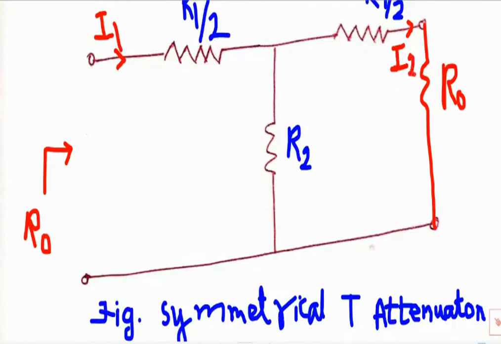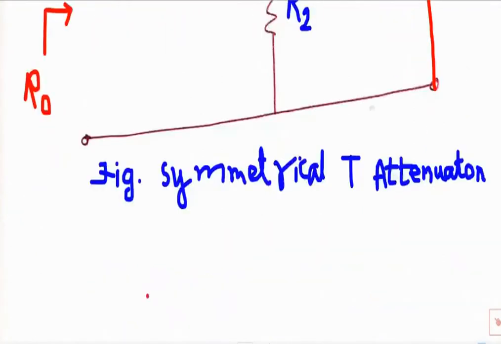Then the ratio N equals I1 by I2. So we are introducing a new term, capital N, given by the current ratio. It is a normal ratio, which means it is unitless. It is not in dB, it is not in Napier.